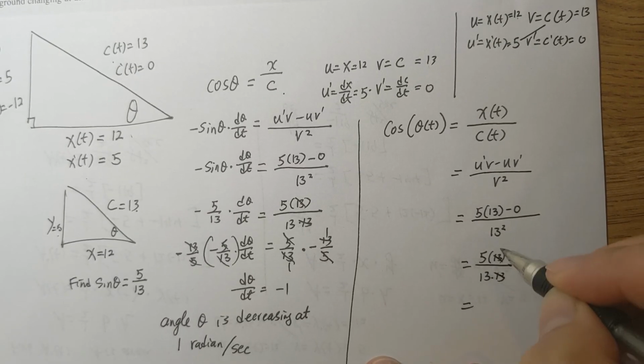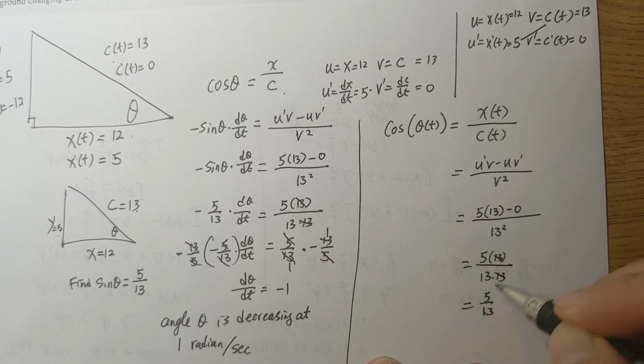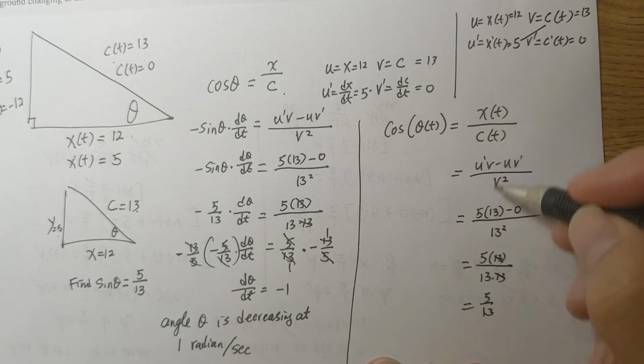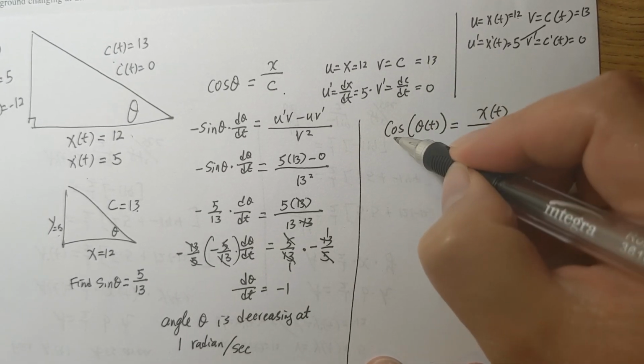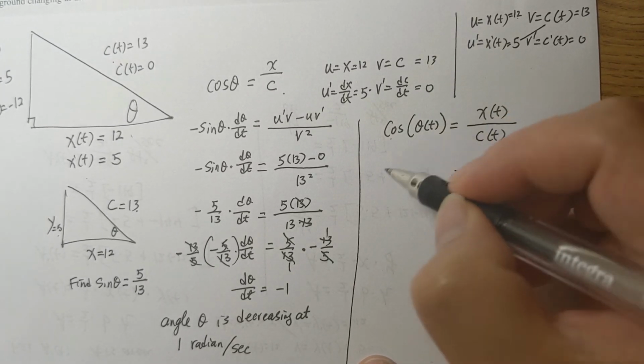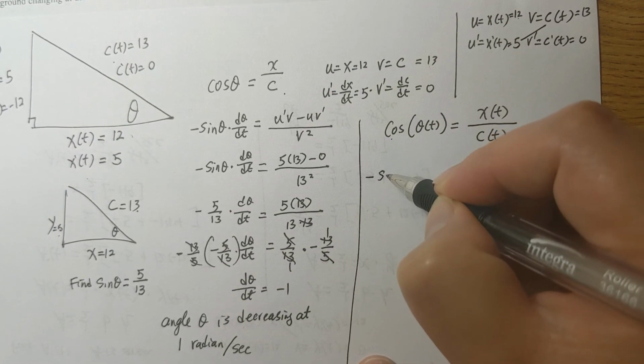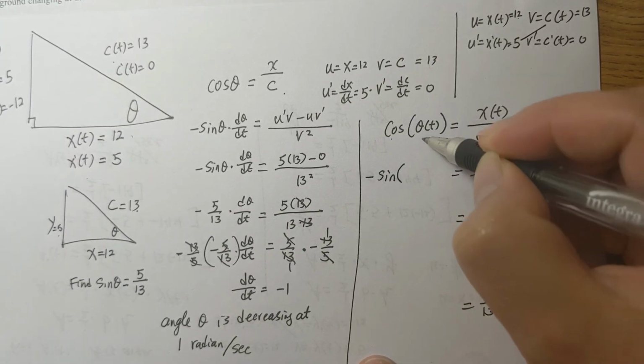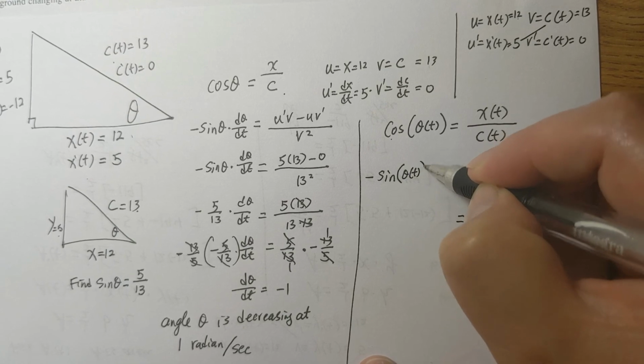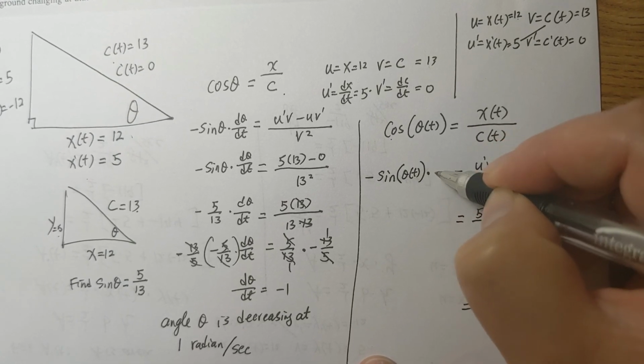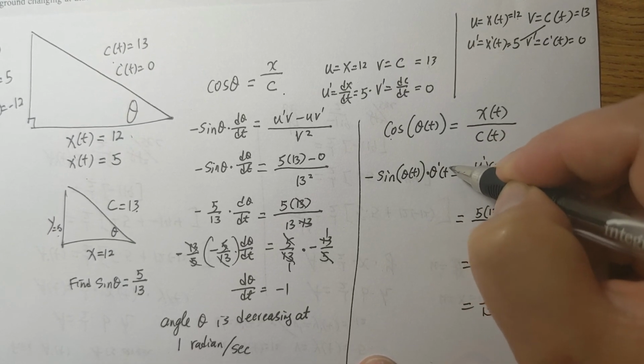Cancel the 13, and you get 5 over 13. Now I've finished taking care of the right side. Now go over here. You have cosine as the outer layer, so the derivative will be negative sine of theta of t, and then immediately you put theta prime of t.